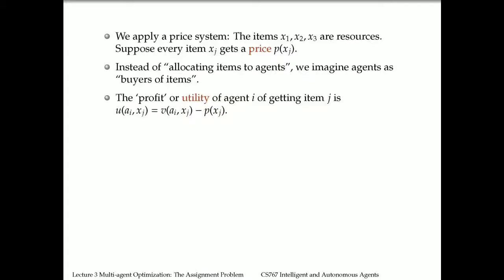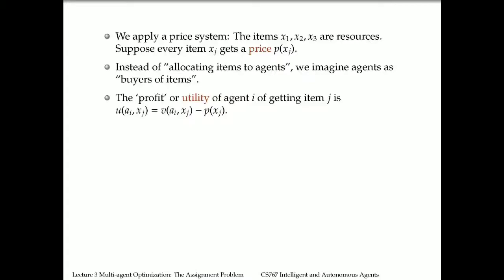So essentially, you can think of the scenario as agents going into a shop, and each agent wants to select one of the items, and they're willing to pay a certain amount of money in exchange for the item and the utility that it brings.